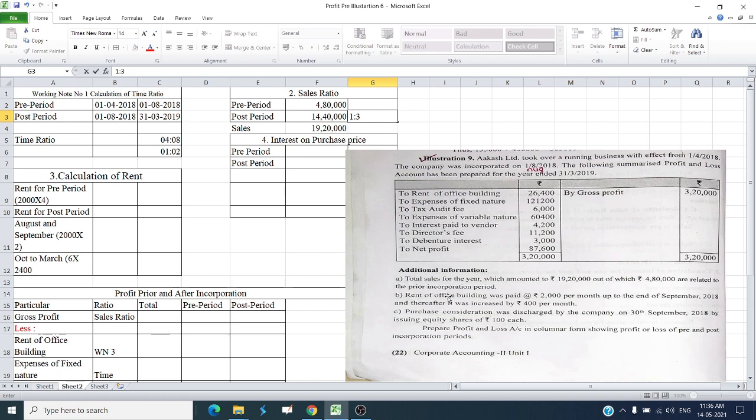See the next point here. Rent of office building was paid at the rate of rupees 2,000 per month up to the end of September 2018, and thereafter it was increased by rupees 400 per month.